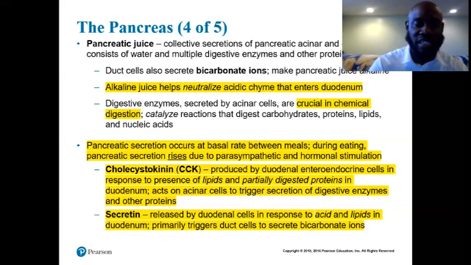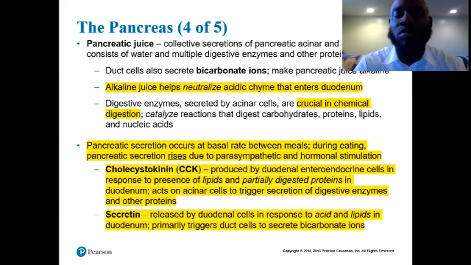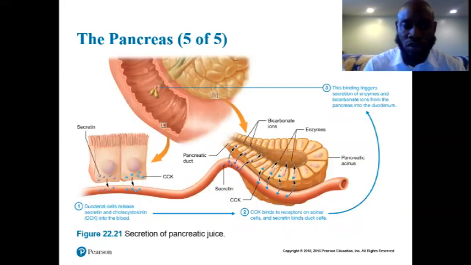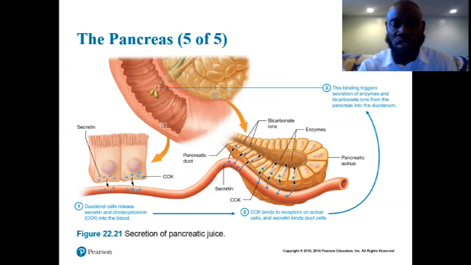All right, so CCK and secretin help to elevate the pancreatic secretions. Those are secreted, those stimulate your pancreas, they make the pancreatic juice.